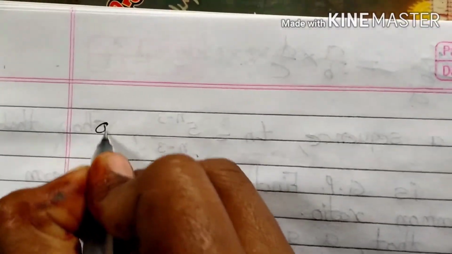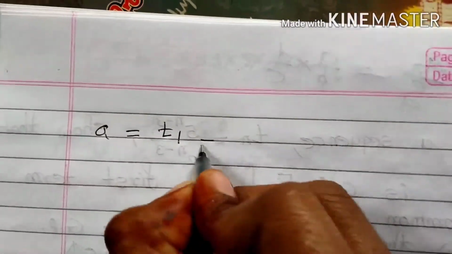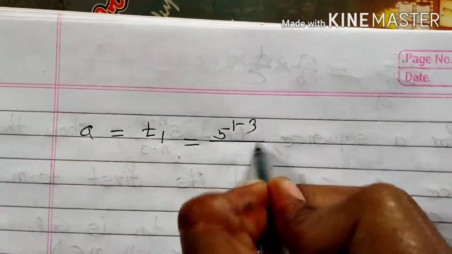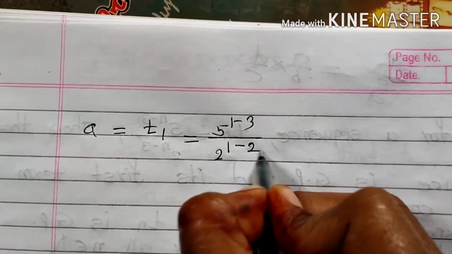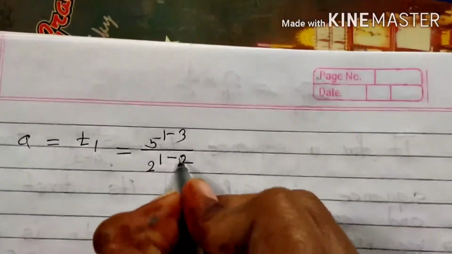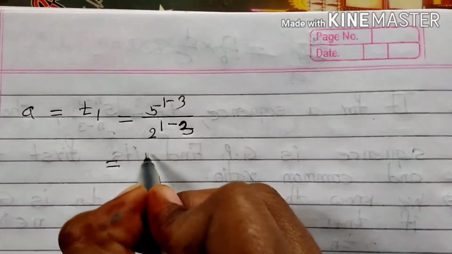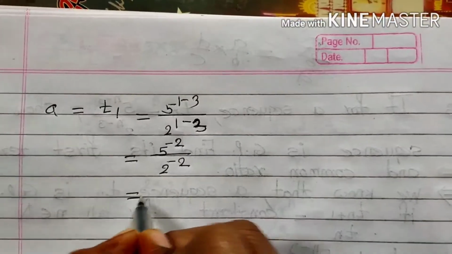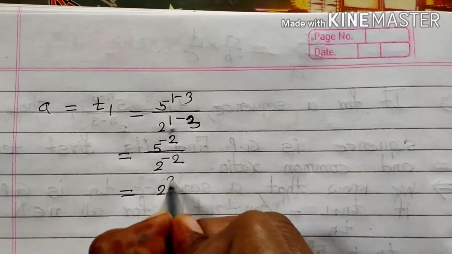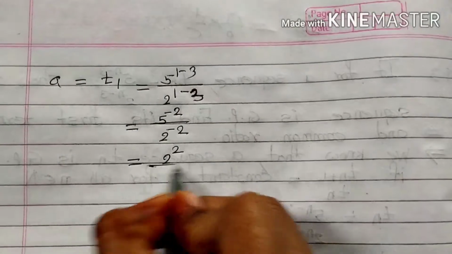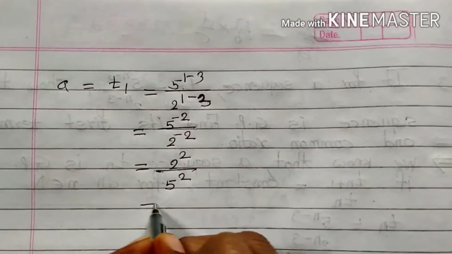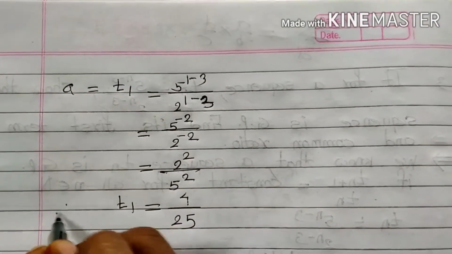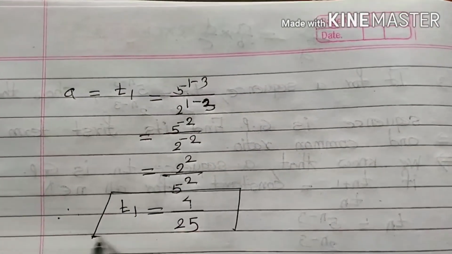So our first term is A, which is equal to T1. So it is equal to 5 raised to 1 minus 3 upon 2 raised to 1 minus 3. Now this is 5 raised to minus 2 upon 2 raised to minus 2. So you can interchange: 2 raised to plus 2 upon 5 raised to plus 2. So it is 4 upon 25. Therefore T1 is equal to 4 upon 25.